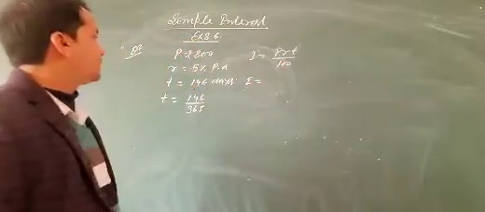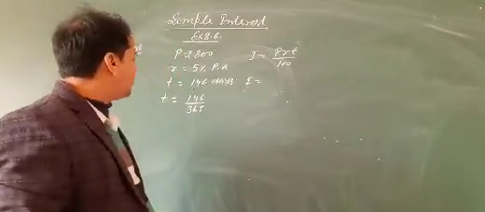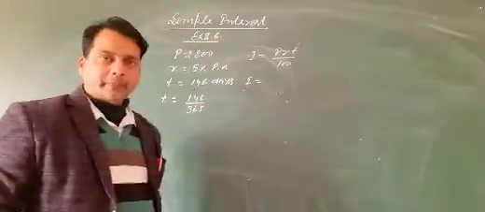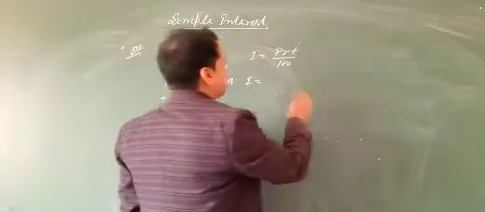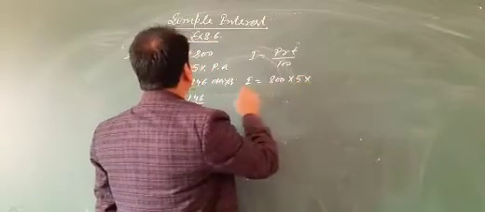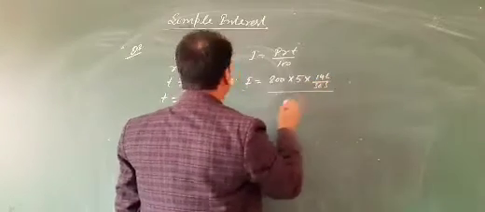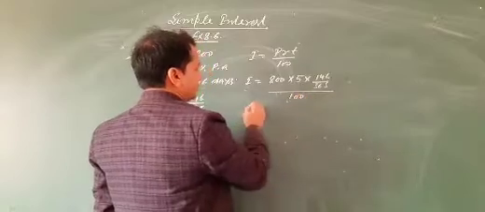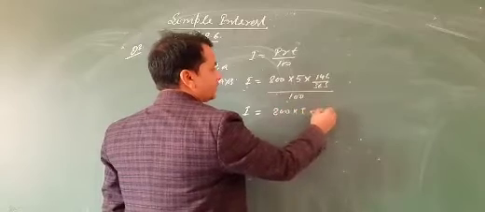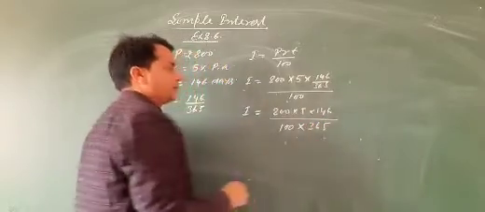So principal is given here 800 and rate of interest 5% per annum and time is here 146 by 365. Then put the value of P, R, T here: 800 into 5 into 146 by 365 divided by 100. So we can write here 800 into 5 into 146 by 100 into 365.